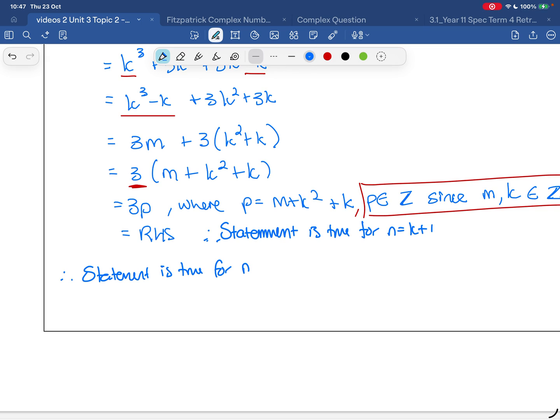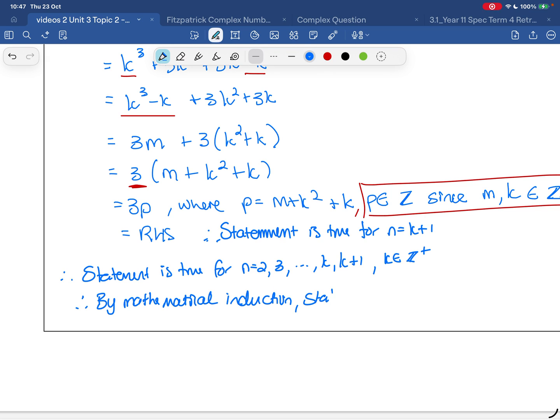Now you need to be careful: n equals 2, 3, k and k plus 1, where k is a positive integer. Therefore, by mathematical induction, my statement is true for all integers n greater than 1.